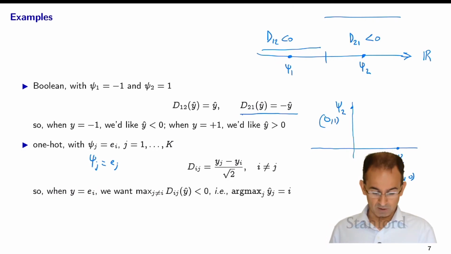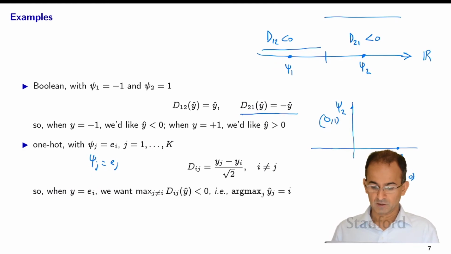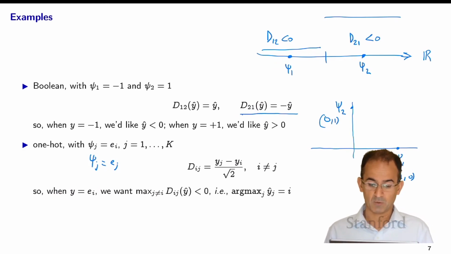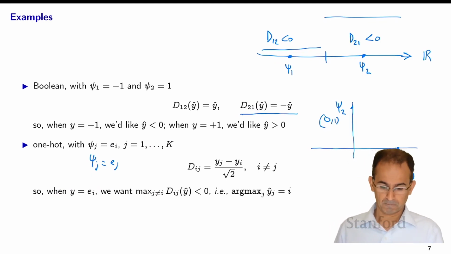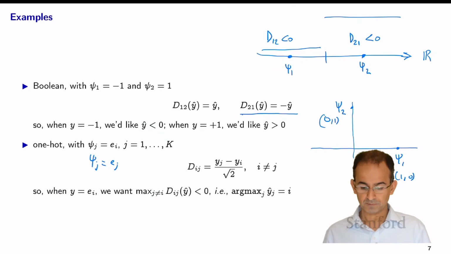And that means that we want y hat j minus y hat i to be less than 0. And that's the same as saying that y hat j is less than y hat i. So in other words, we would like the corresponding component of y hat to be the maximum component of y hat.